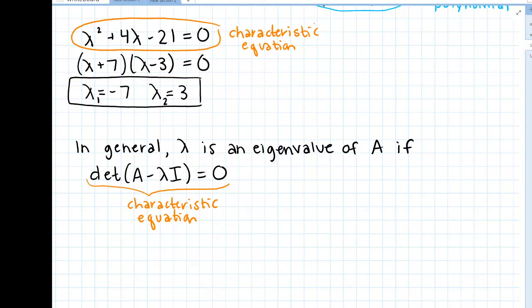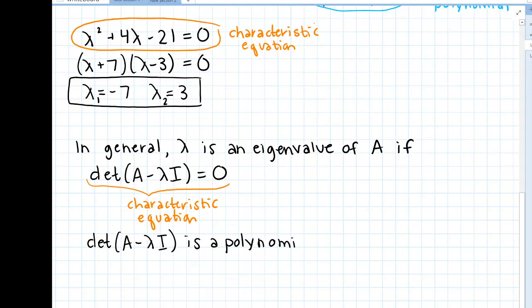Maybe I'll even write that down. One more thing I want to write here is that the part of this that's just the determinant, the determinant of A minus lambda I, is a polynomial in lambda. When we say polynomial in lambda, that just means that lambda's the variable instead of x or y or something else.